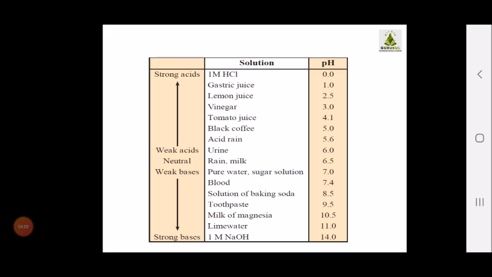Now acids means the substance range 0 to 7, 7 is neutral, above 7 it is basic, and below 7 is the acidic. So this is the pH range of the different substances. Now in upcoming videos we will be studying the other remaining concepts of your chapter.